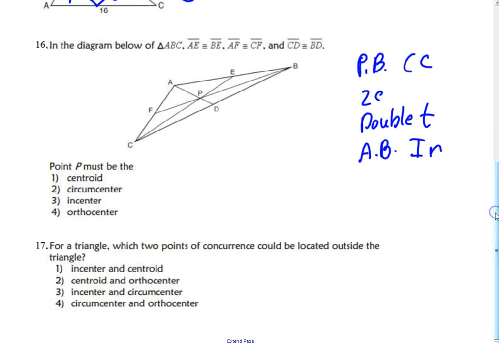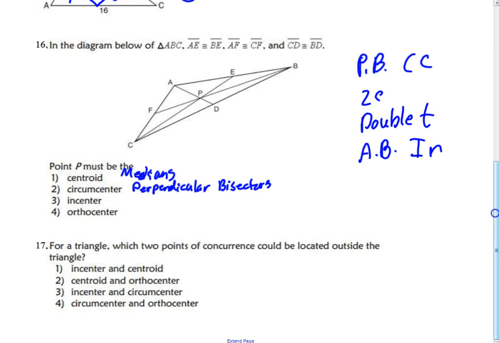So here's what you should do. Every time you come across this question when you're reviewing, especially if it's a multiple choice, you should just make a little review chart for yourself. So the centroid, medians. That to me is 2E. That's how I remember that. Centroid, medians, second letter is E. Circumcenter is the perpendicular bisectors.